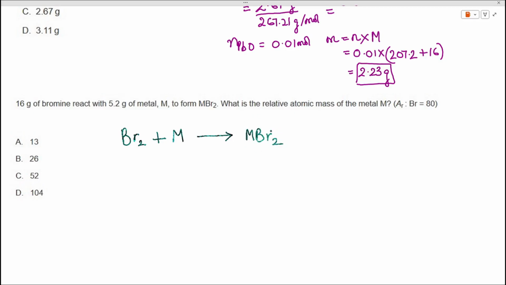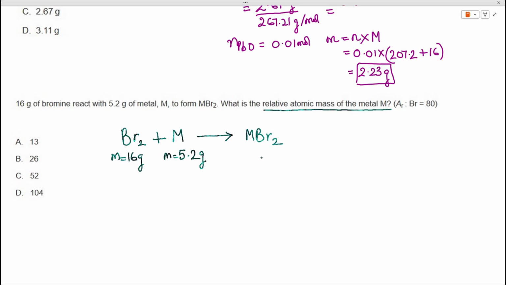This compound is given to us and it is a balanced chemical equation. So the mass of bromine given to us is 16 grams and the mass of the metal given to us is 5.2 grams, and we are being asked to calculate the relative atomic mass of the metal.